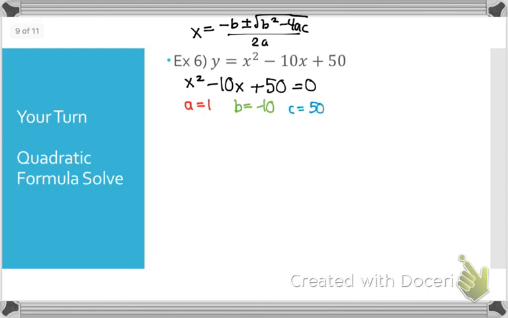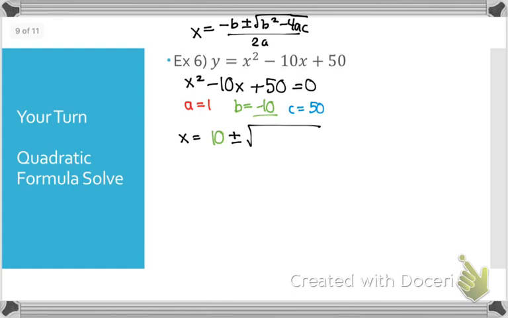All right, so the quadratic formula, we're going to plug it in. So we're going to take the opposite of b. So the opposite of negative 10 is a positive 10. So I'm just going to replace it. Plus or minus the square root of b squared.